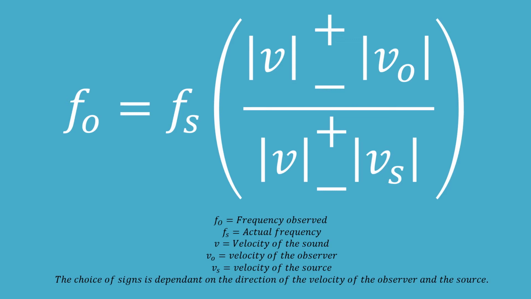V is just going to be the velocity of the sound or of the wave. V sub 0 is going to be the velocity of the observer. V sub s is going to be the velocity of the source. And the signs are there because it can be positive or negative depending on the direction that the observer or the source is moving. So I'm going to explain that more on the next slide.